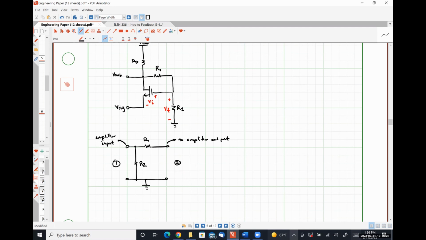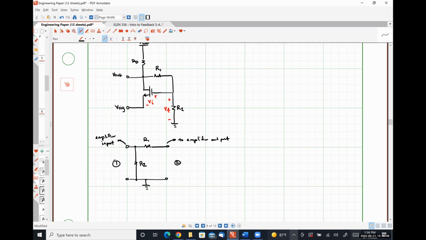So that would be part of the open loop amplifier, but not part of the feedback network. Right, so we're seeing how the inclusion of these two extra resistances, what impacts they have on the open loop amplifier's performance.